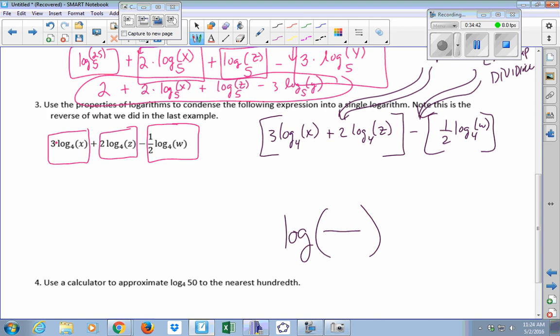So I want to hook this 3 right back there and put it back on the x. So it's log base 4 of x to the third power. So there's my 3. I'm going to put it right back there where it belongs. So I'm working backwards now. And I still have this little plus sign. And now I'm going to take that 2 and knock it right back there.